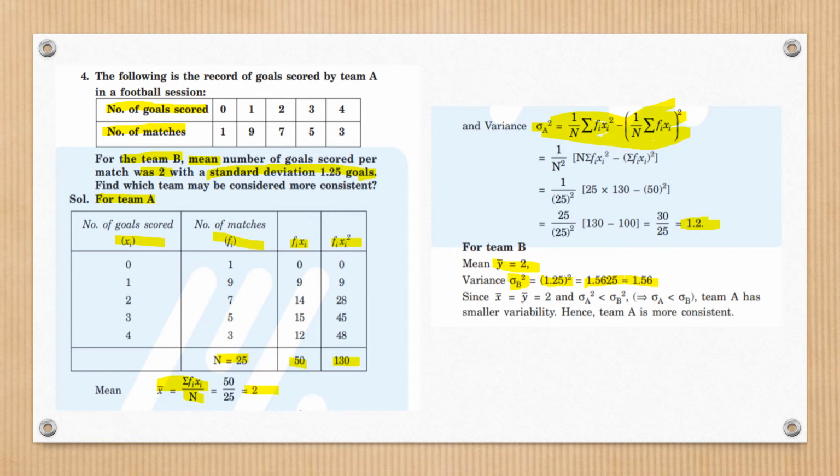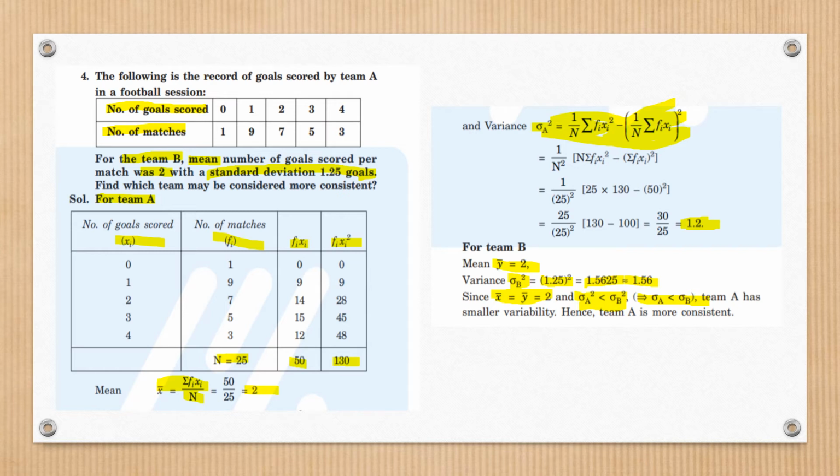Now the means are the same, x bar and y bar are same. So sigma a square is less than sigma b square. If sigma a square is less than sigma b square, definitely sigma a is less than sigma b.